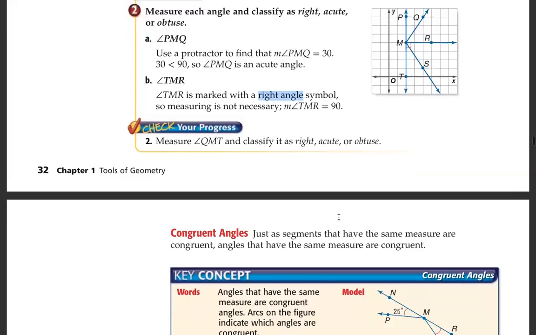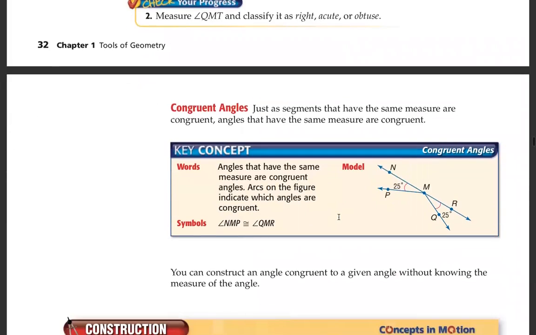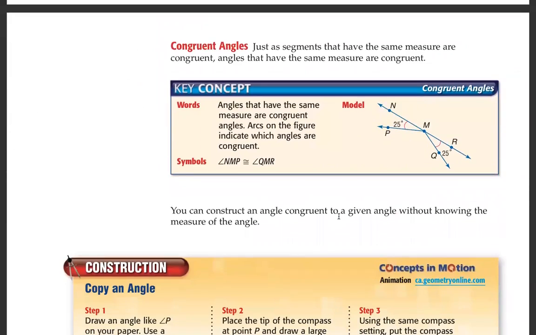Okay. Now we have congruent angles. We have symbols to tell us which angles are congruent, and these are the symbols that we see: small curves on the angle. So it does not tell us the size. It only tells us which angle it is congruent to. So for example, this one, angle NMP, has a single curve.